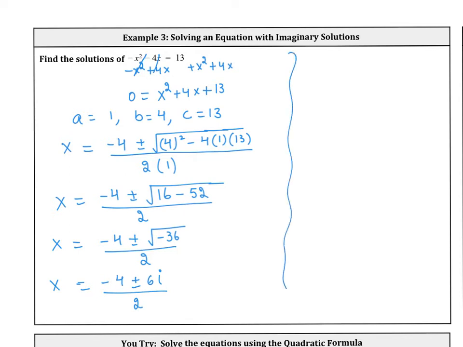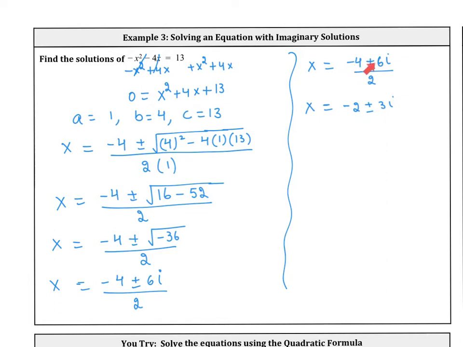Now you're going to reduce this. So negative 4 plus or minus 6i divided by 2 would be negative 2 plus or minus 3i, because 4 divided by 2 is negative 2 and 6 divided by 2 is 3. Again, you can solve this the other way.